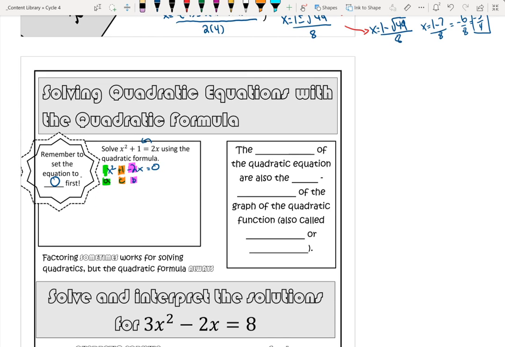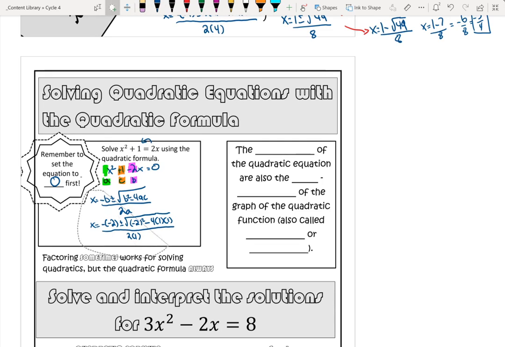So I have x equals negative b plus or minus the square root of b squared minus 4ac, all divided by 2a. Start plugging stuff in. So negative 2 plus or minus the square root of negative 2 squared minus 4 times a, which is 1, times c, which is 1, all divided by 2 times 1.